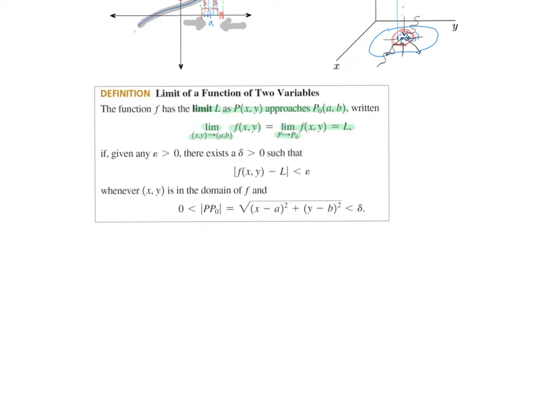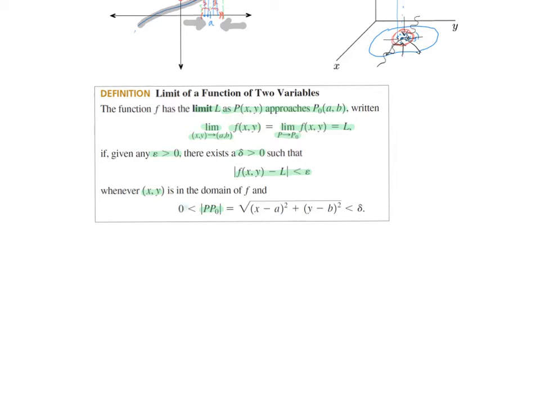So that limit does exist if, given any epsilon, you can find a delta, so that your z function minus L is going to be less than epsilon whenever our point x, y is, remember this is an absolute value, a distance away from my limit point.